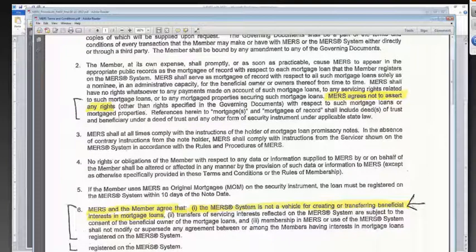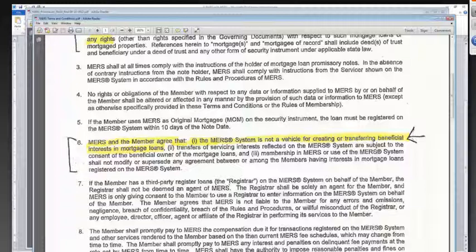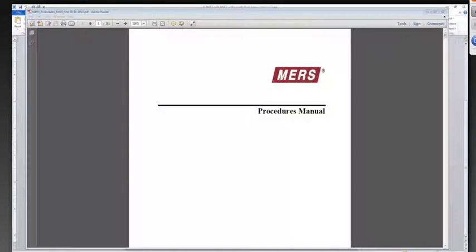Okay, sorry for the blurry copy, but it says MERS agrees not to assert any rights. MERS and the members agree that the MERS system will not be used for creating or transferring beneficial interest in mortgage loans. So MERS states that we don't have the right to do any of this. We can't do any of that.